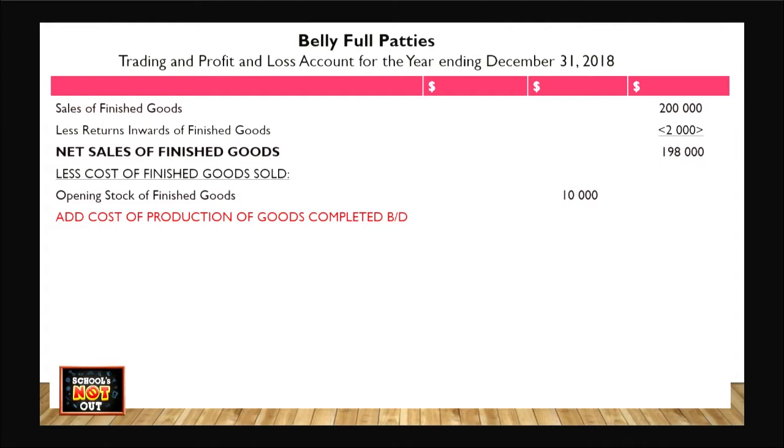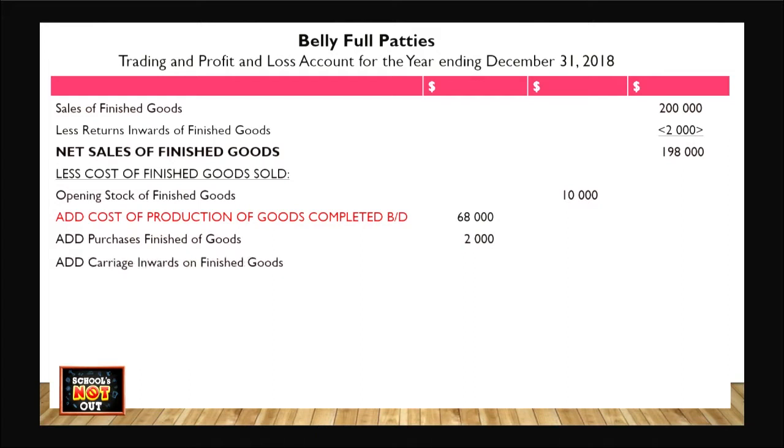Let's see now what's the next. We then will have to add in our purchases of finished goods. In this case, our purchases of finished goods happen to be $2,000.